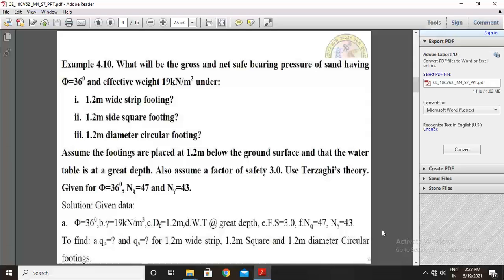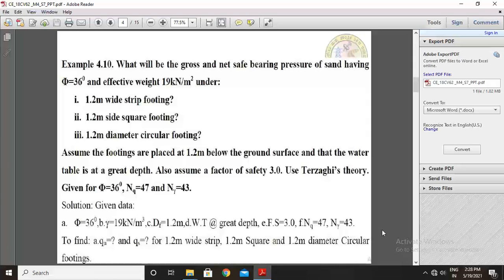Next problem: let us see what will be the gross and net safe bearing pressure of sand having phi equal to 36 degrees and effective weight 19 kilonewton per meter cube under the first case, a 1.2 meter wide strip footing, second case, a 1.2 meter side square footing, third condition, a 1.2 meter diameter circular footing.